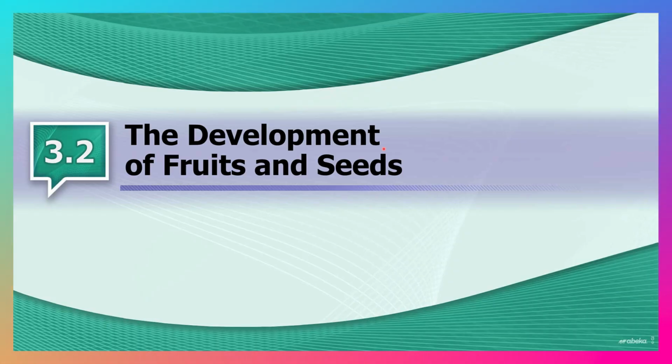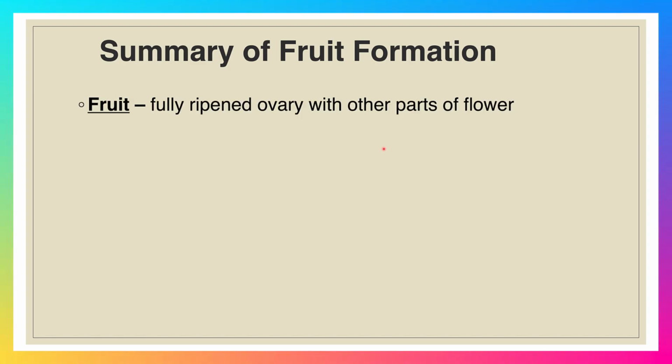So let's look for a second at the development of fruits and seeds. A fruit, and I always get a kick out of saying this because some people think it's kind of funny, is essentially a ripened ovary, which can contain other parts of the flower, but the central aspect of a fruit is the ovary of the flower.